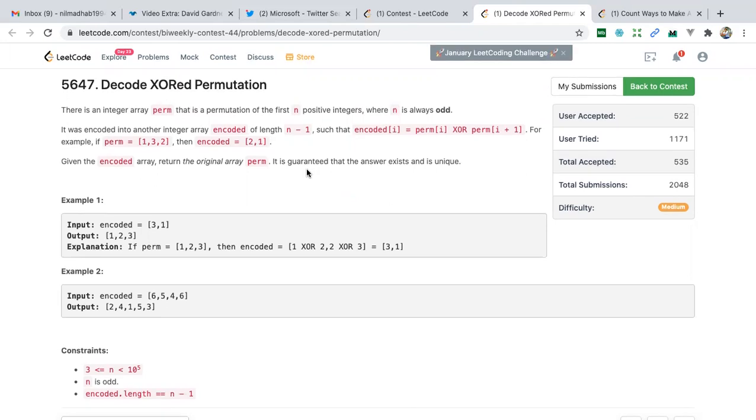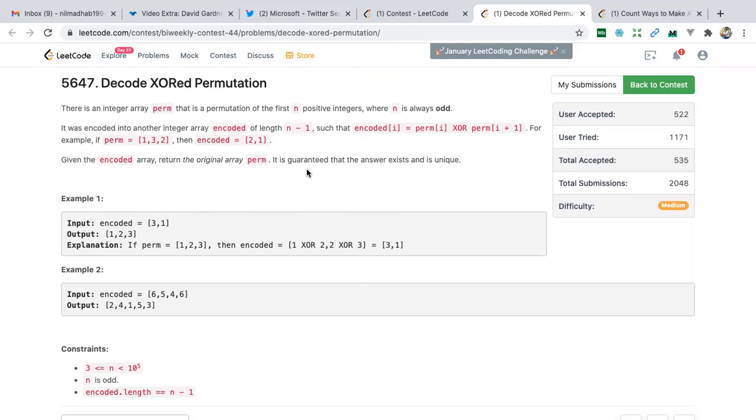Okay, let me just read the question once. So from the permutation, it's easier to compute the encoded one. Like 1 XOR 2 and 2 XOR 3. That's easy. Okay.